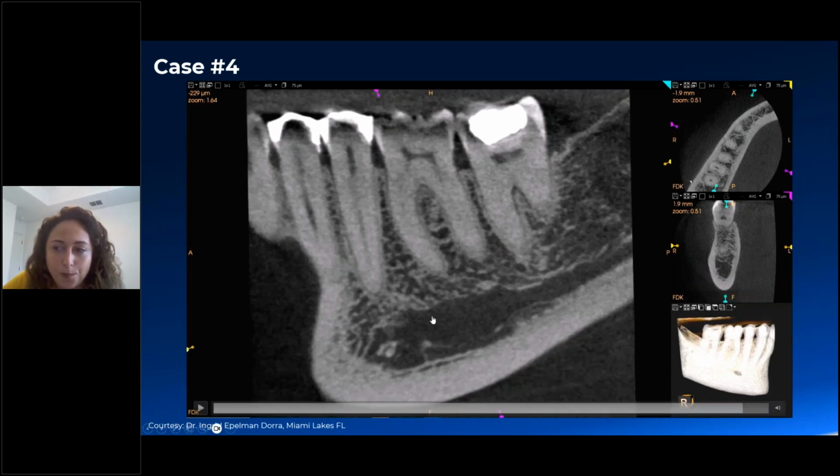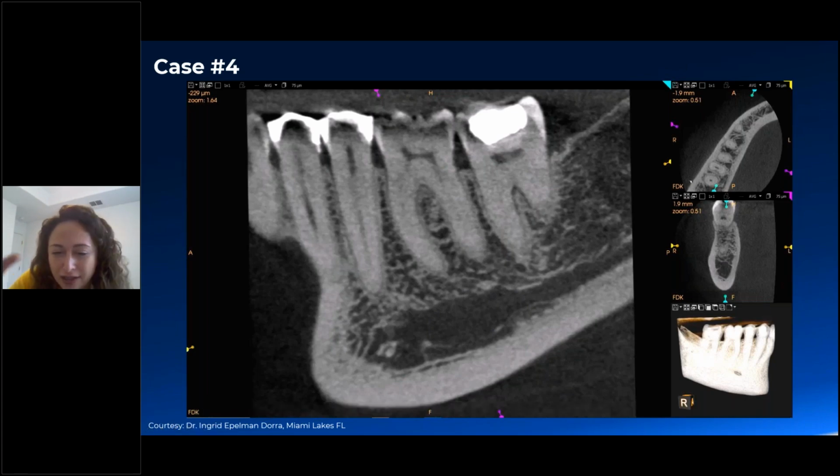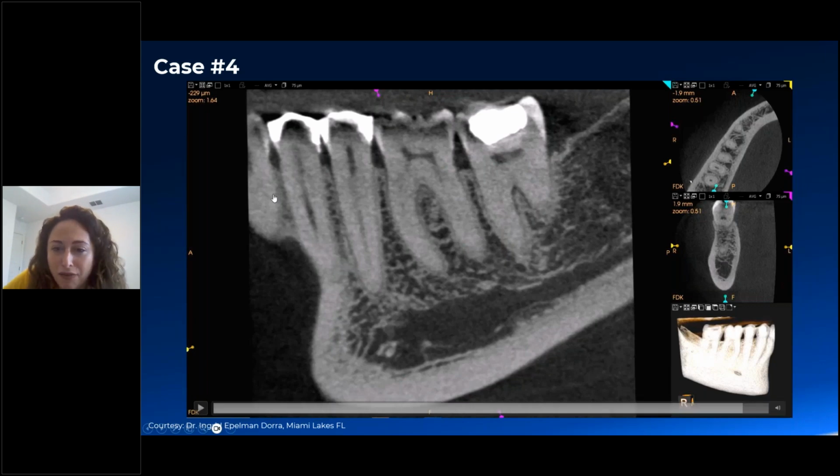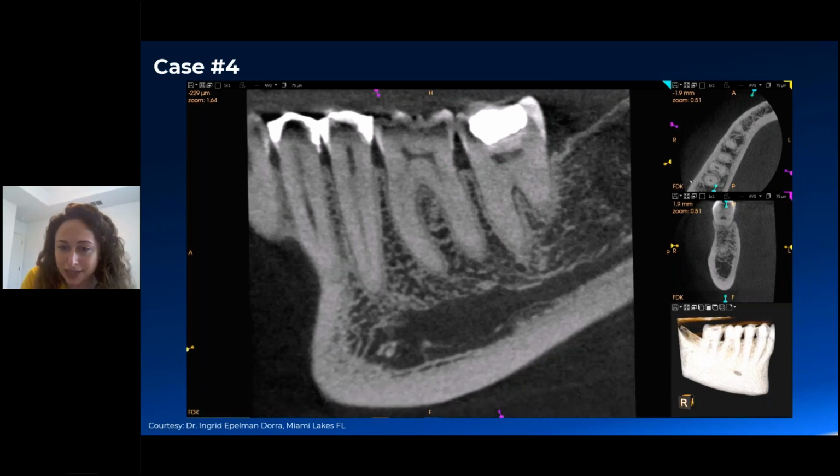The finding, how this lesion is growing, guides us into thinking that it's a schwannoma because it's very localized, it's ovoid in shape, and the rest of the canal is still intact. But it's really enough for us to recognize there's something wrong, to recognize there's a need to take a CBCT scan in this case.